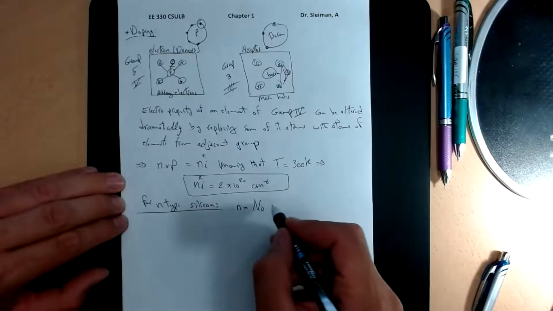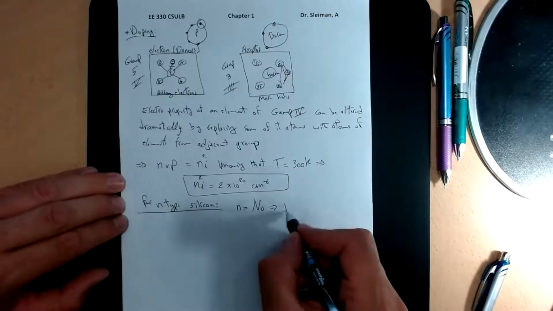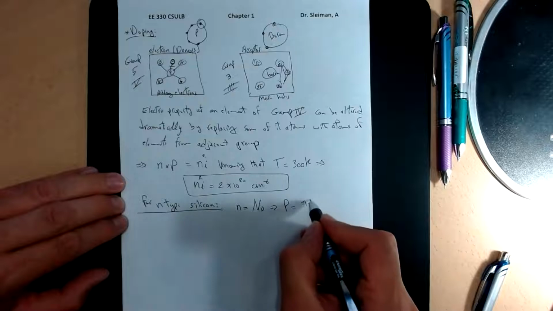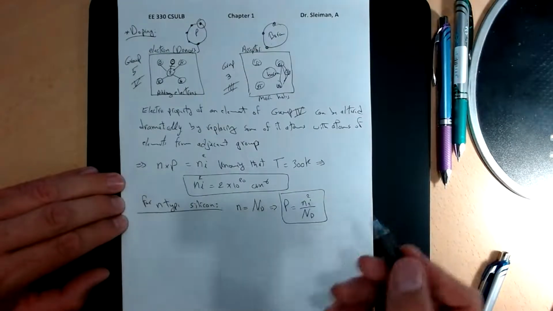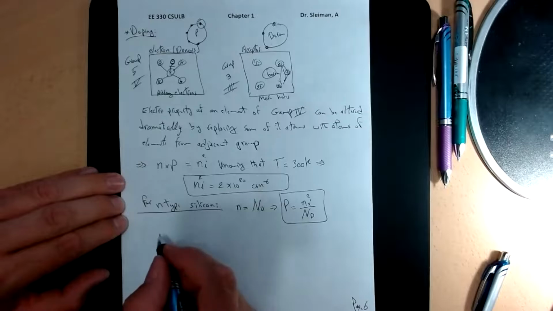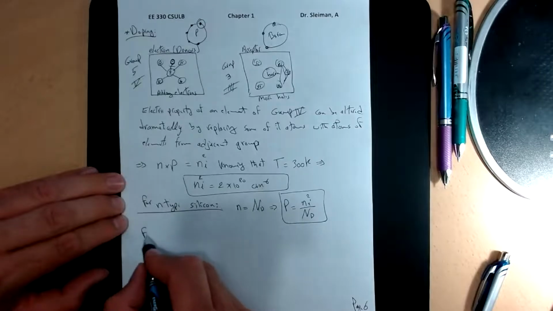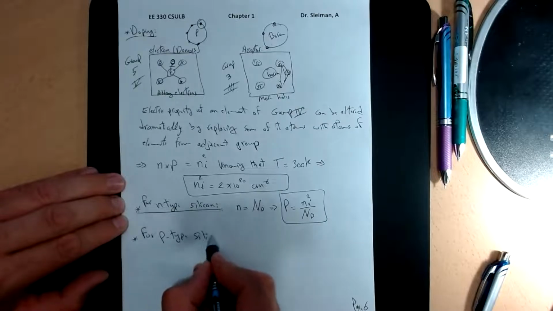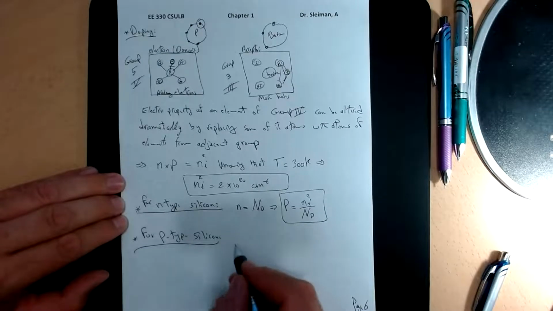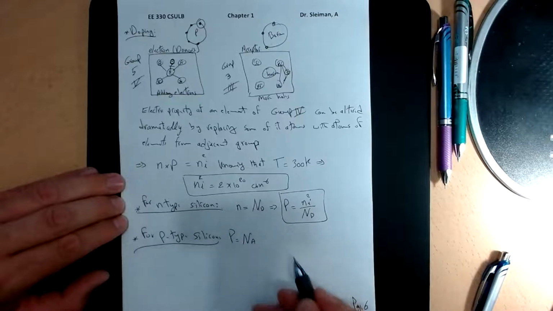This is the doping concentration. So p is equal to ni squared divided by Nd. And for p-type silicon, the number of holes is equal to Na.